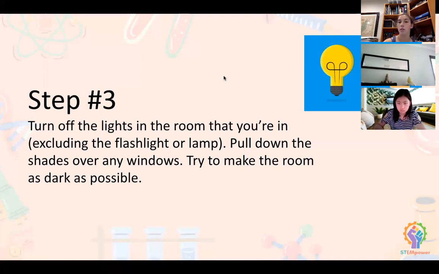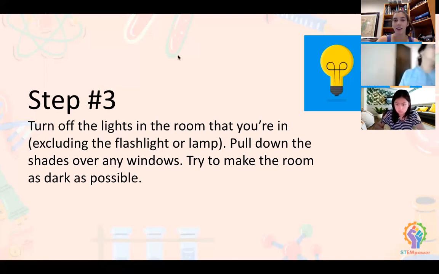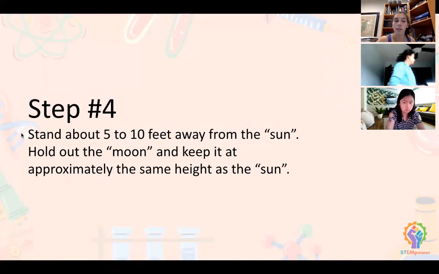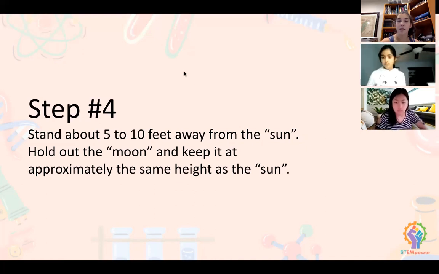So after we turn off all the lights, then we are going to stand a little distance away from the quote-unquote sun, so your light source, and then we're going to hold out the moon and keep it approximately at the same height as the light source that you had, the flashlight or lamp or whatever you choose. Let me know when you're all ready.